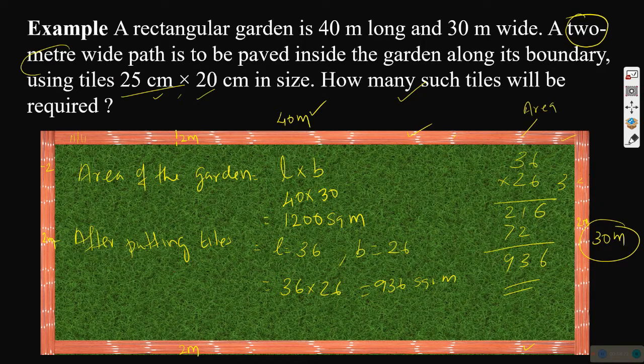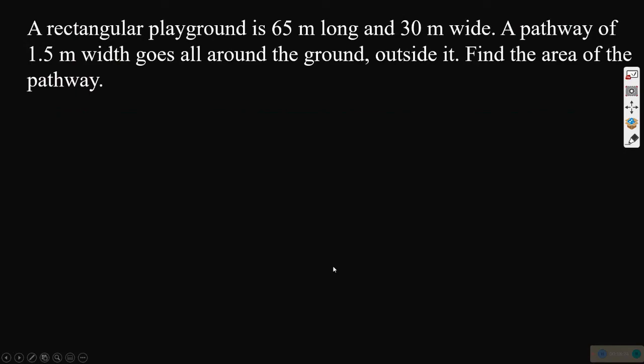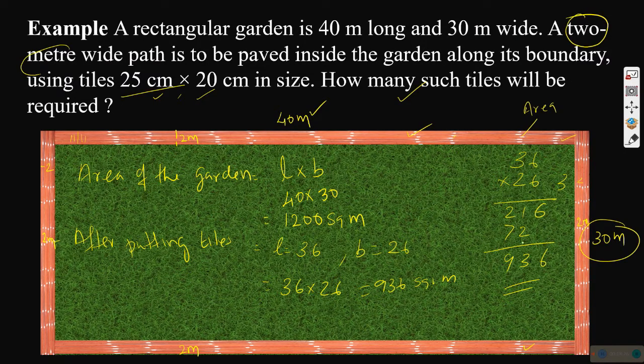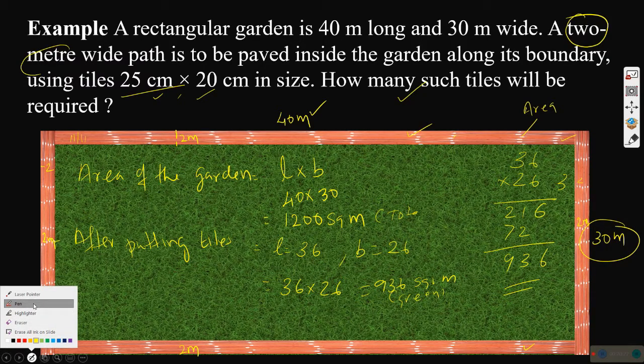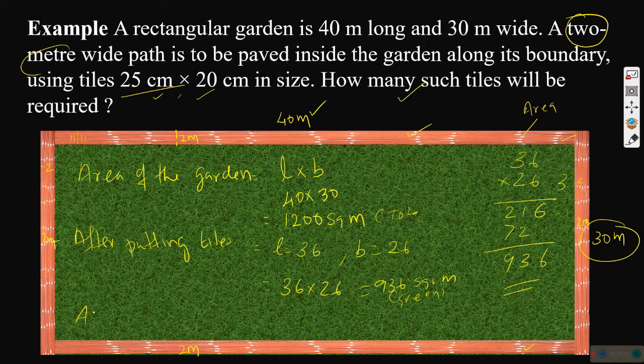Now we can calculate the area of the tiled part. Inside green area है, green area का calculate हो गया. We have the area of the garden and the area of the garden after putting the tile. So from this we can calculate the area where we put the tiles. That is what is the question here, how many tiles will be required.